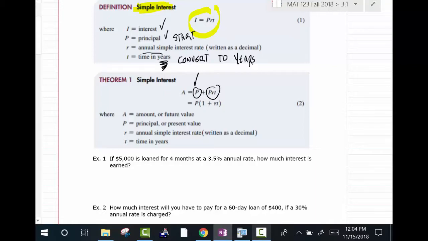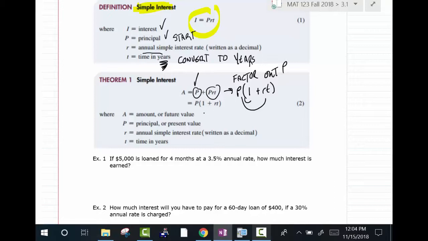You can also use this formula, and this formula comes from there. If you factor out a P in this expression, you would have P times 1 to get P plus RT. Just distribute in your head and make sure you understand that. So P times 1 is P, P times RT is PRT.